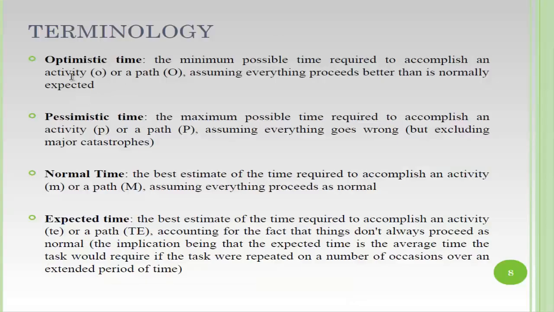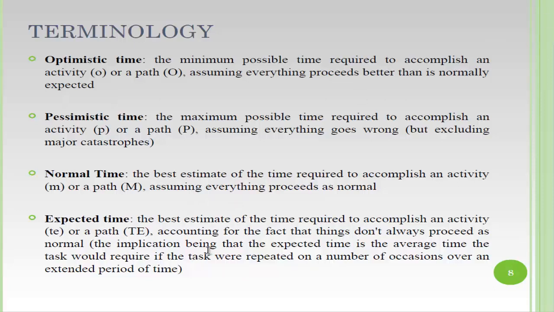So if we look again at the 3 times: the optimistic time, which is the minimum time required to complete an activity, the pessimistic, the largest time, and the most likely, or normal time. This is the best estimate we can have to accomplish the activity, and out of these we calculate the expected time. This is again the best estimate of time required to accomplish an activity or a path.